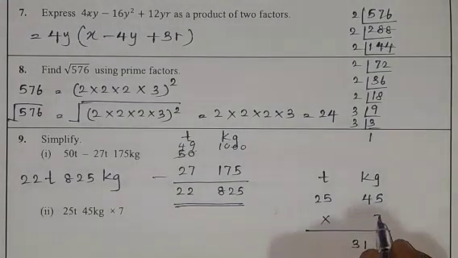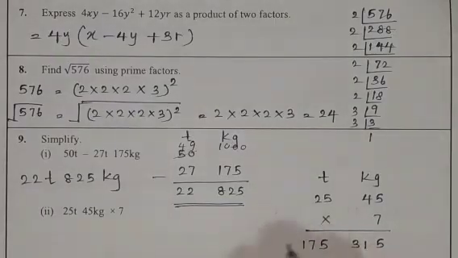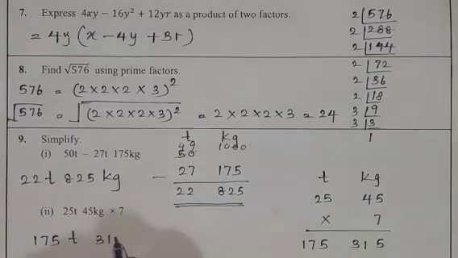Then here 7 times 5, 35. 3 is remaining. 7 times 2, 14 plus 3 is 17. Then the answer, 175 tons, 315 kilograms.